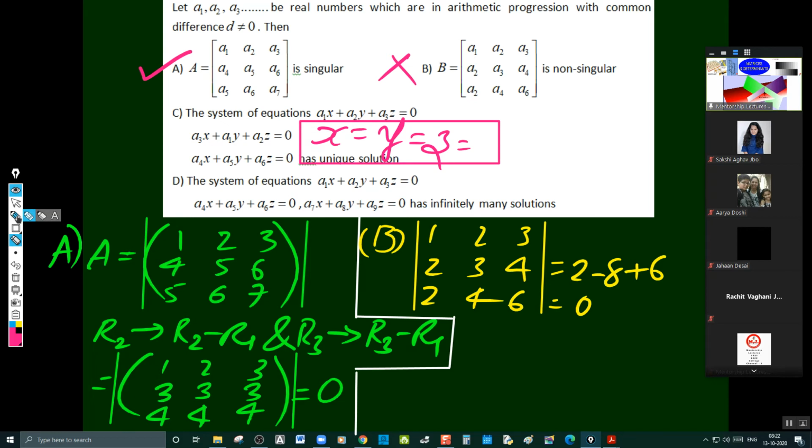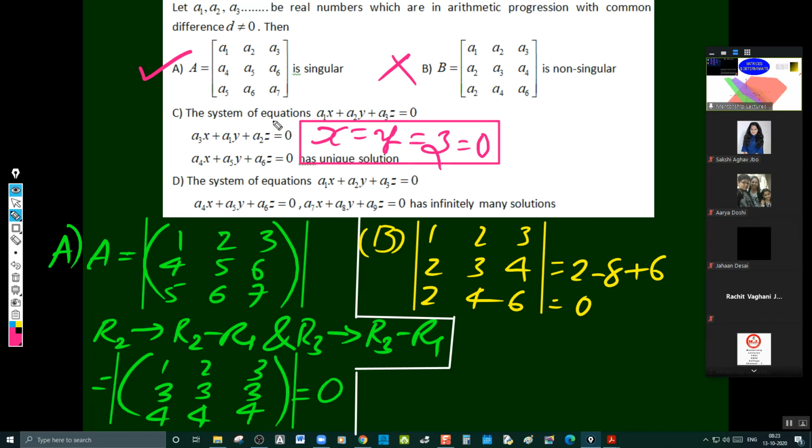For this system of linear equations, what I mean to say, I'm discussing the concept here, not the answer. See, whenever you take a system of homogeneous linear equations in x, y, z, homogeneous means there is no constant, it is equal to 0.